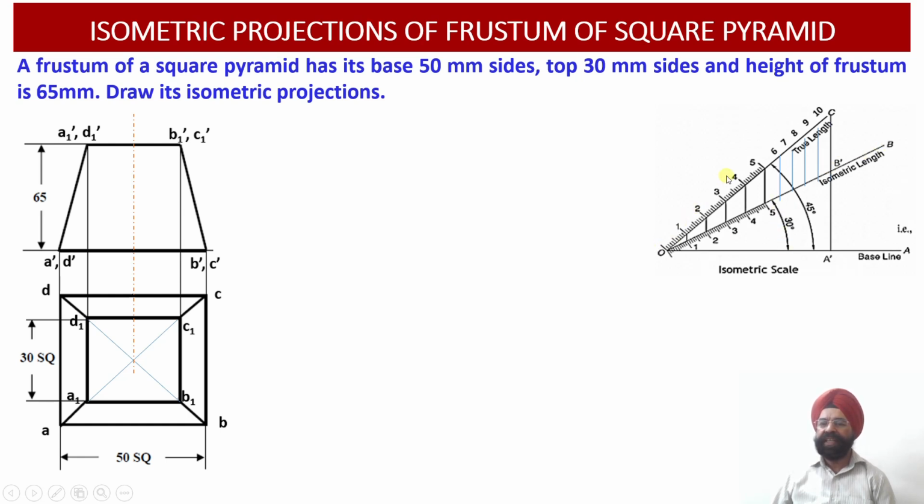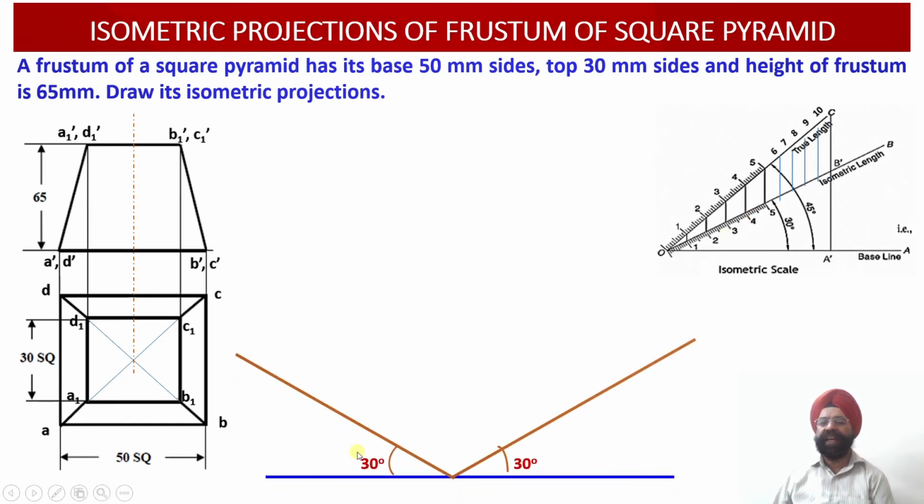Then the true length distances will be marked on the true length scale, and the perpendicular projectors from the true length scale onto the isometric length scale will be drawn, and then the isometric length projections can be worked out. So all the distances from this figure need to be converted into isometric length projection, and only then can we draw the isometric projections.